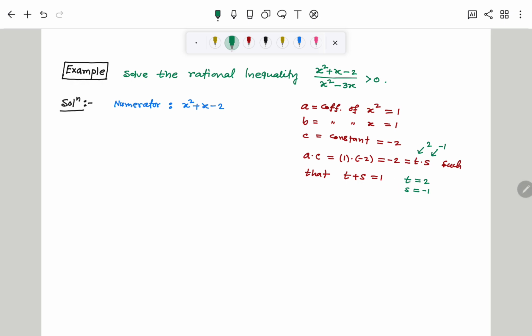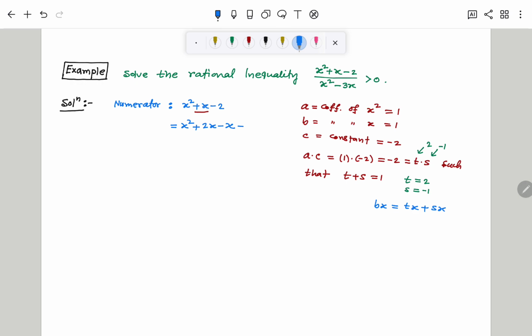Now once we have the factors T and S, what do we do? We will replace the middle part, that is Bx, here 1x, by Tx + Sx, with the appropriate sign. So here in our case, the +x will be replaced by 2x − 1x.